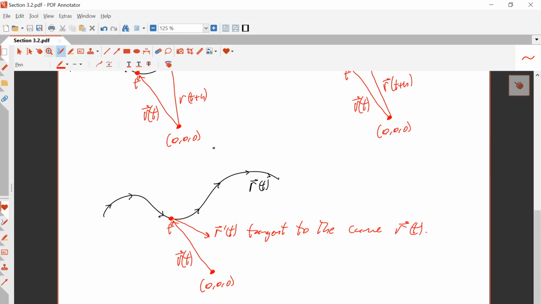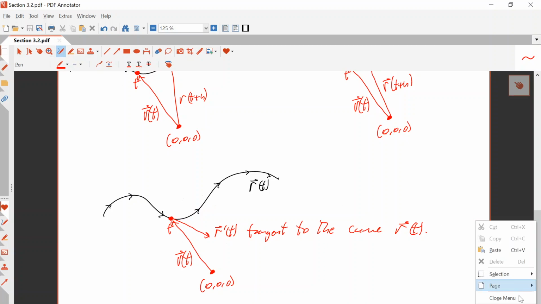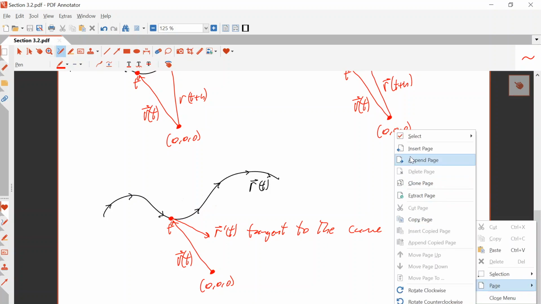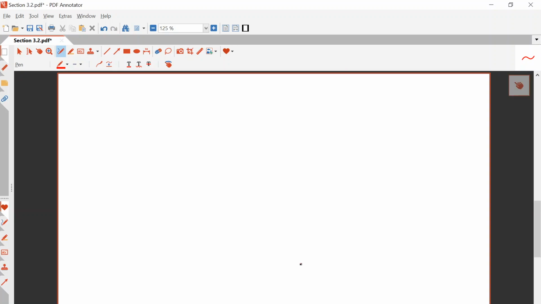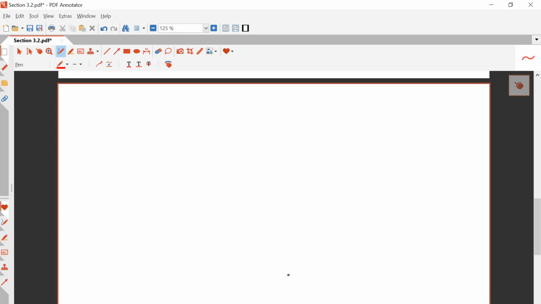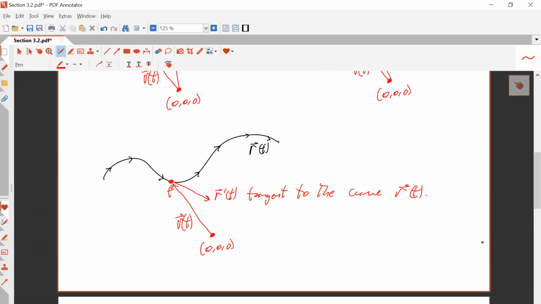That's the geometric meaning of r prime of t, just like the ordinary definition of f prime of x is the slope of the curve y equals f of x at that given point. Here, the tangent vector is thought of as slope, because lines are defined with slope vectors.